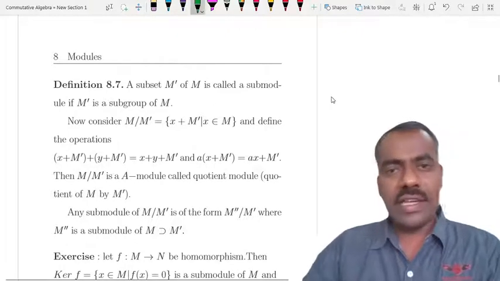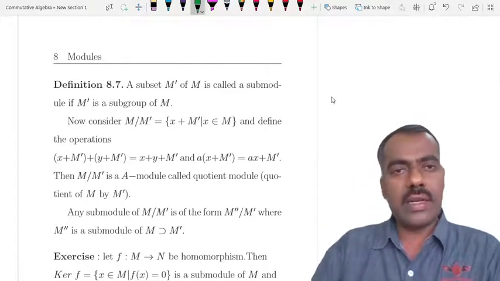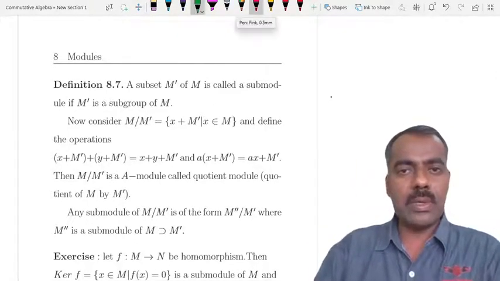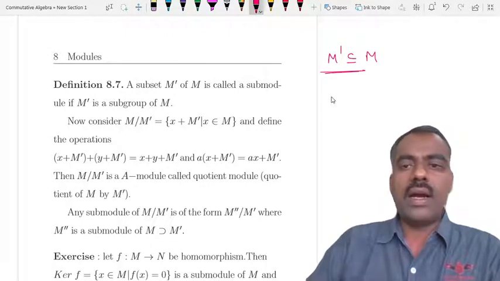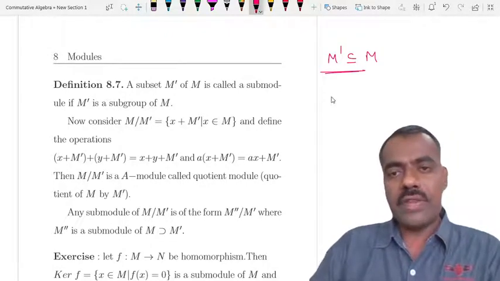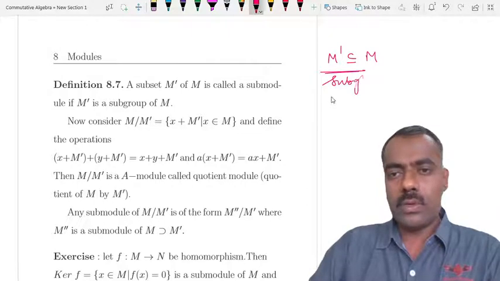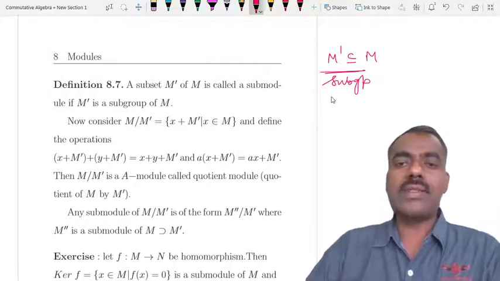Now we'll define submodules and the different operations available on modules. You take any subset M' of a given A-module M. If M' is a subgroup, then any subgroup of M is called a submodule.